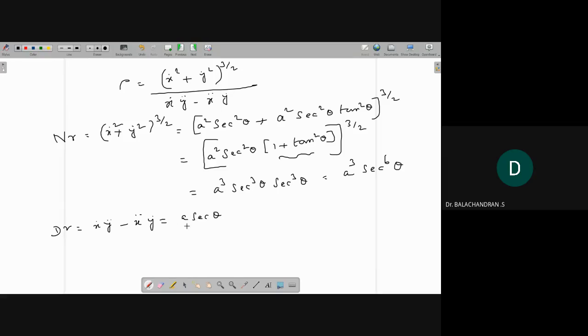So a secant theta into y double dot. What is y double dot? y double dot is a secant cube theta. Please check your answer also. A secant cube theta plus a secant theta into tan square theta.